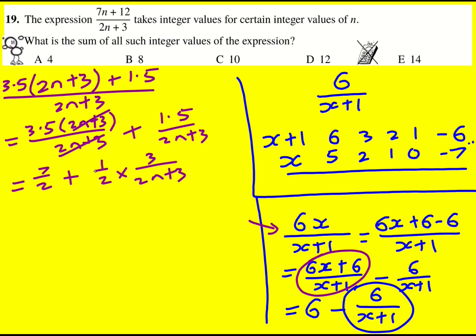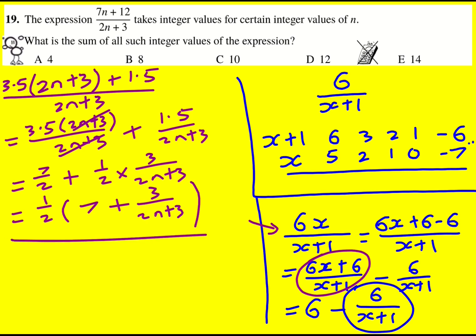I've kind of taken a half out. I could write this as 3 over 2, and then I could bring the half out. And ultimately, I can factorize out the half. This is what makes this a little bit trickier than the ones on the right. So it's going to be 7 plus 3 over 2n plus 3. Okay, and actually, this is the one I'm dealing with.